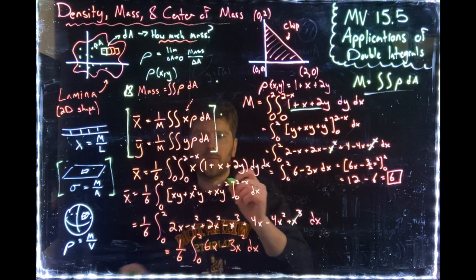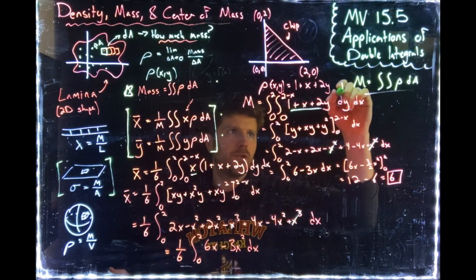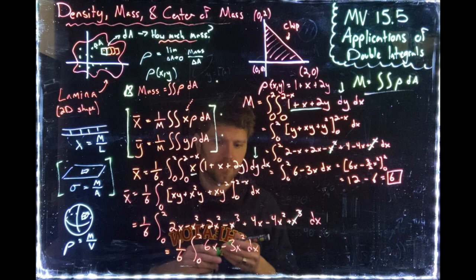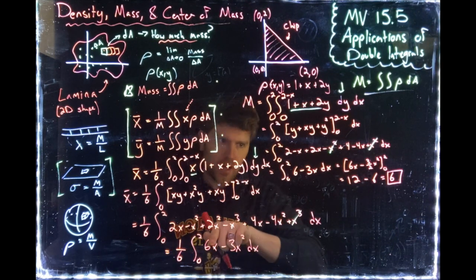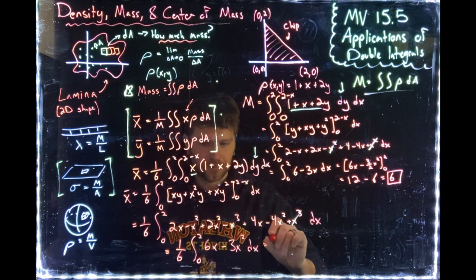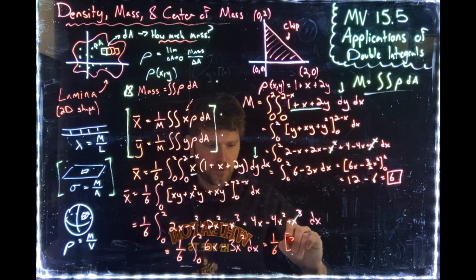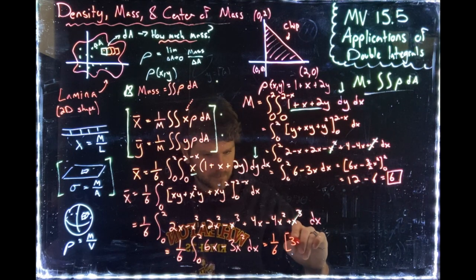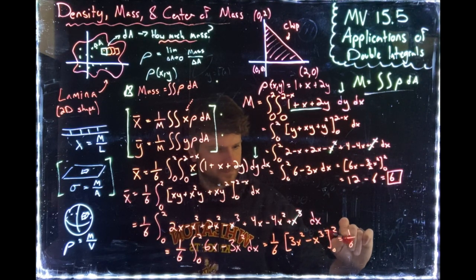I multiplied my original integral by x, but because the first one I'm doing is dy, it doesn't really make much of a difference in my final answer. So instead of 6 minus 3x, I get 6x minus 3x squared, which gives me 3x squared minus x cubed from 0 to 2.